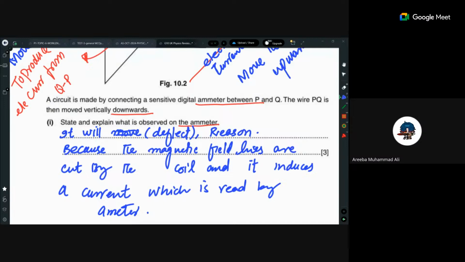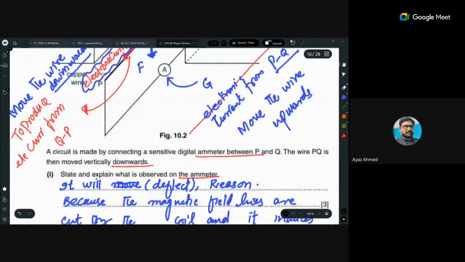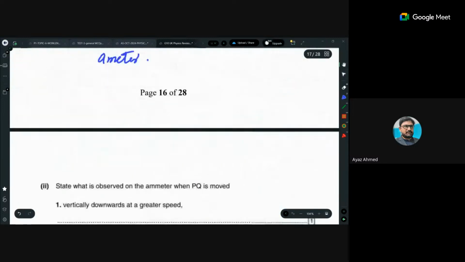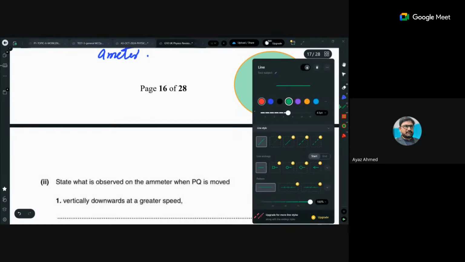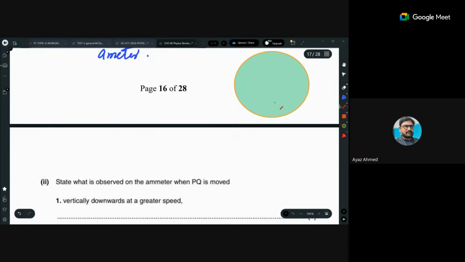Could you give the exact meaning of deflect? Deflection means motion. Did you ever see the emitter in real life? It has a dial, and on that dial there is a needle, and the needle deflects in this way.